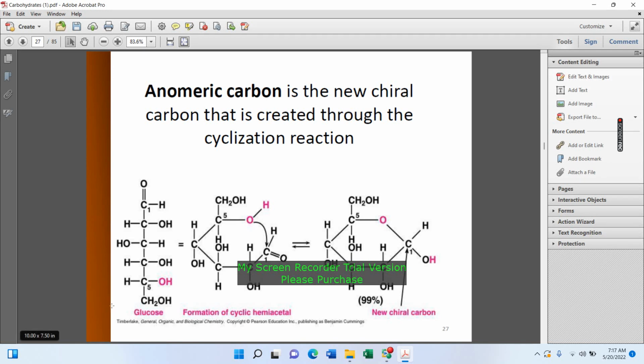This chiral carbon of the molecule was first the fifth carbon, but now it is carbon 1. So anomeric carbon is a new chiral carbon that is created through the cyclization reaction.